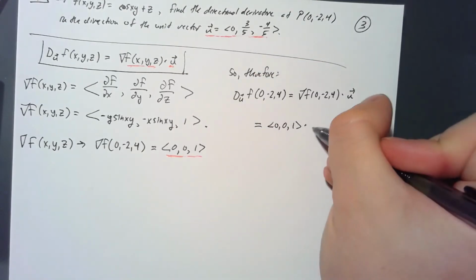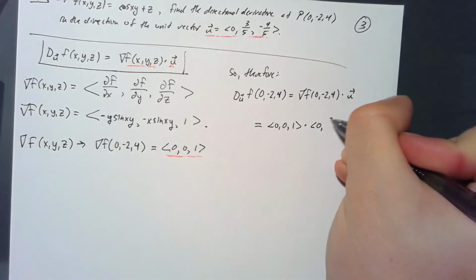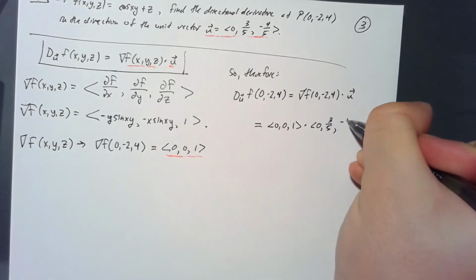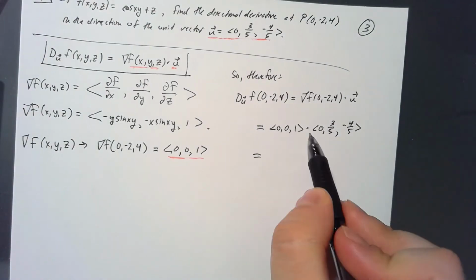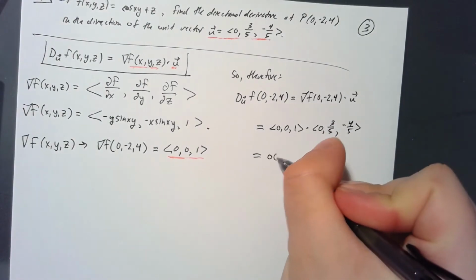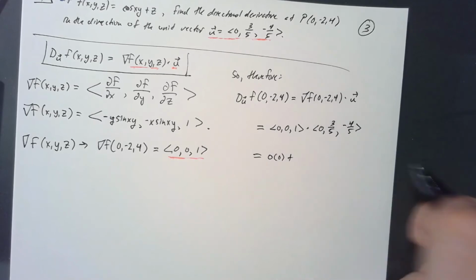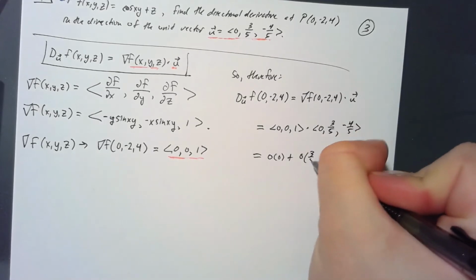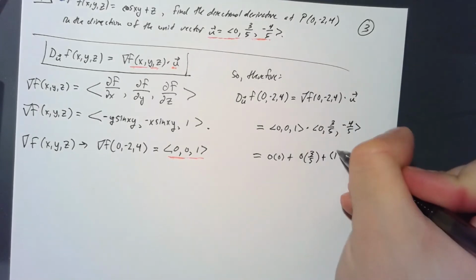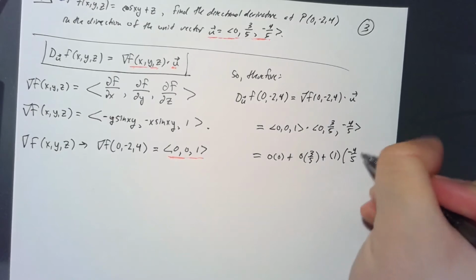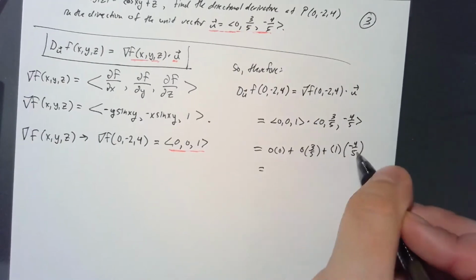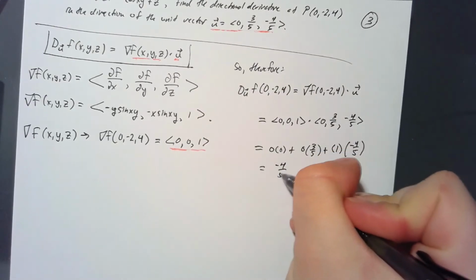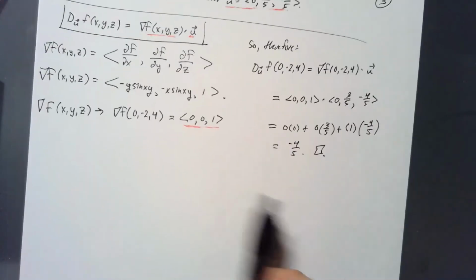Which is what? 0 times 0 is 0, plus 0 times 3/5, plus 1 times negative 4/5, which is negative 4/5. That's it.